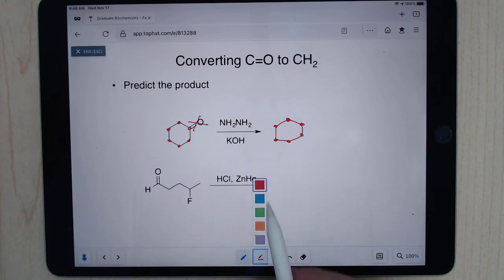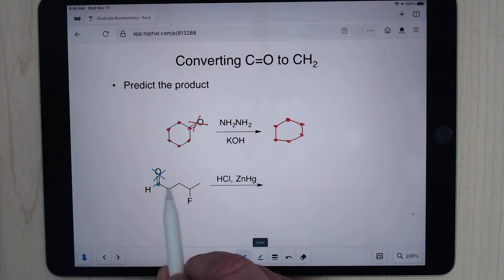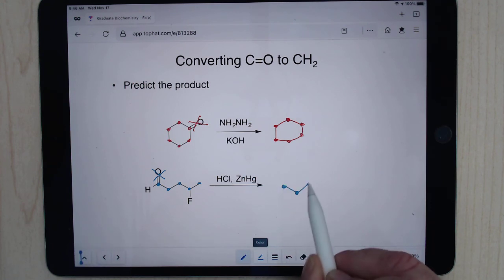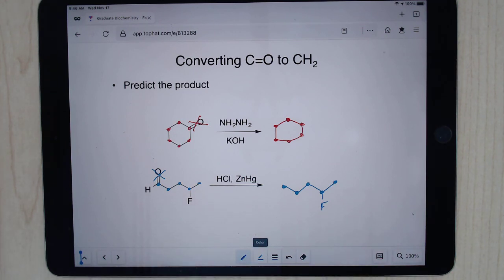For here, again, we're just taking out that C double bond O. That's all it is.